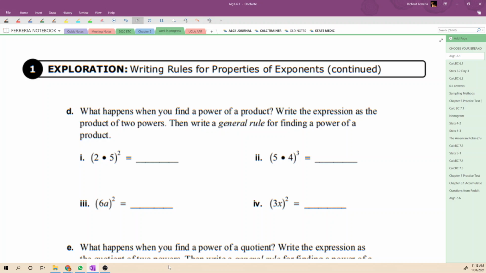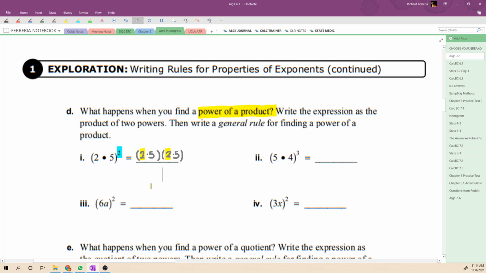And this is going to be the power of a product. So product, remember, means a multiplication. So what if we have 2 times 5 to the 2nd power? Well, I have something squared, so I'm going to write a parenthesis twice. 1, 2. Inside each parenthesis is 2 times 5.